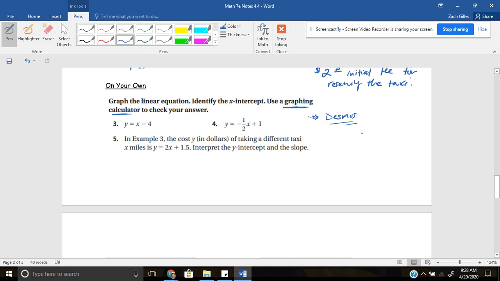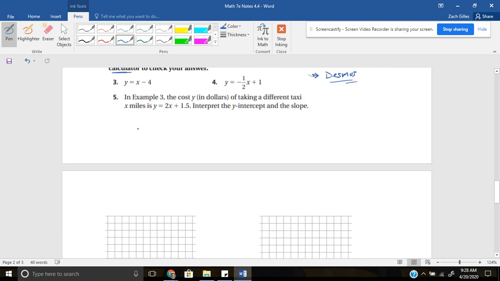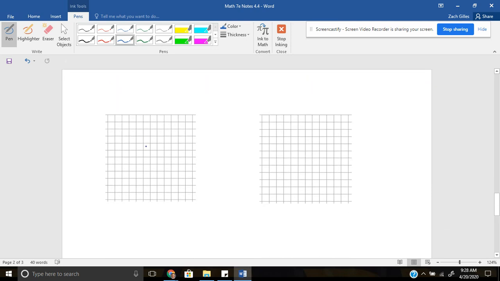You can just type in these equations into Desmos and it will graph them for you. So don't be afraid to try that out so you can get used to working with that. So go ahead, pause here, graph it, and identify the x-intercept for 3, 4, and 5 here. All right.